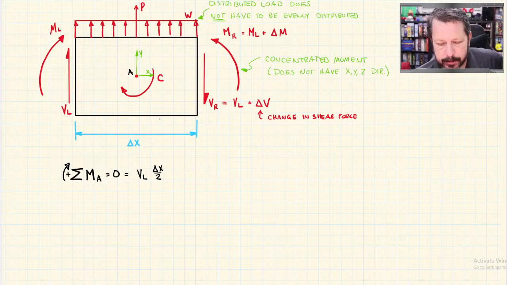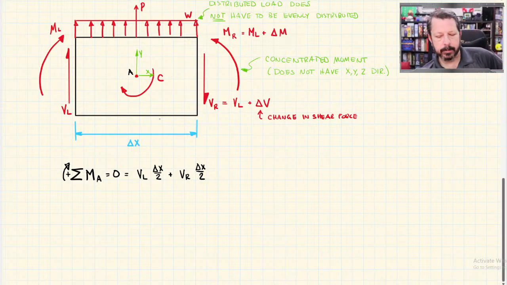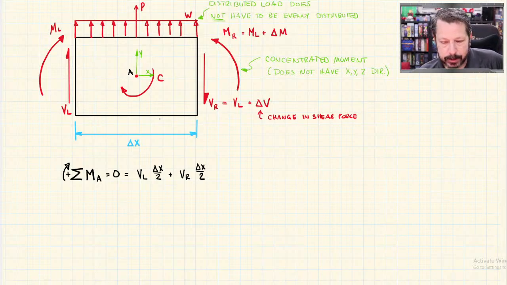I'm going to do VR. Same thing, it has a delta X over 2 moment arm. You could get to the same result if you plugged in VL plus delta V for the magnitude of VR. That's fine. These both go clockwise, so they actually are both positive, so that's important to know.